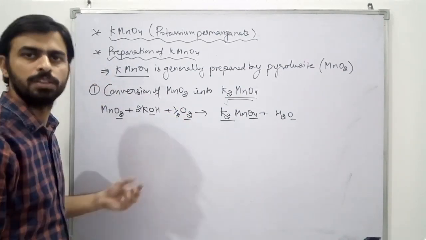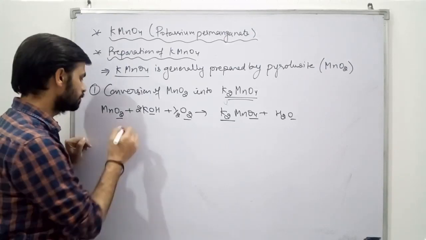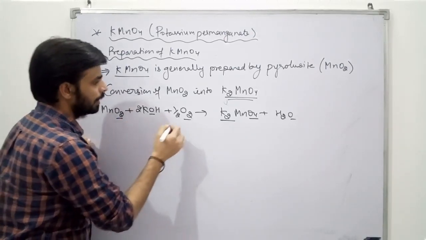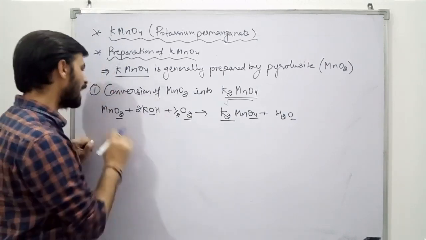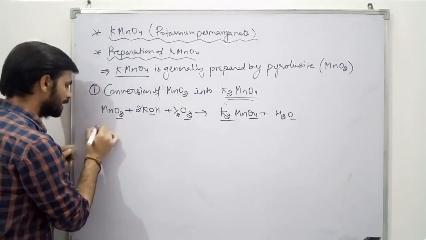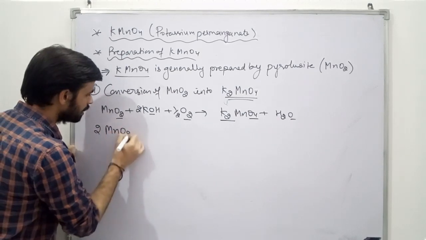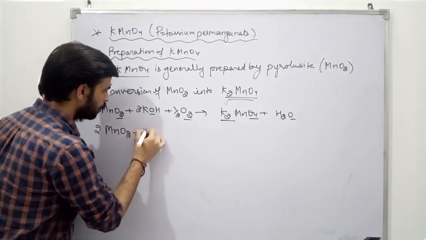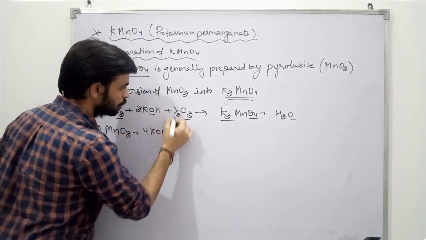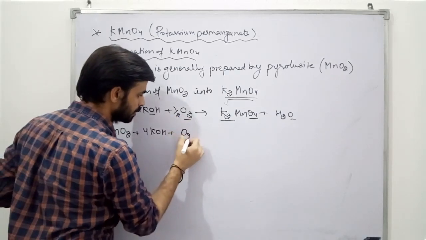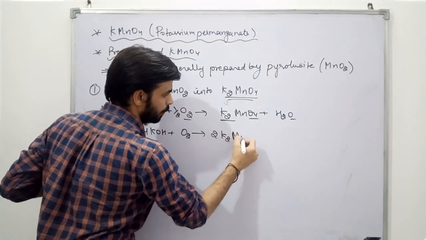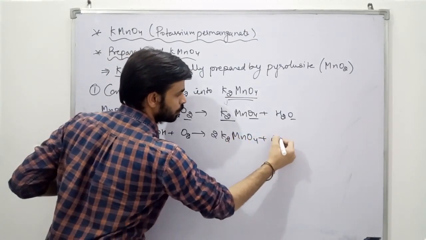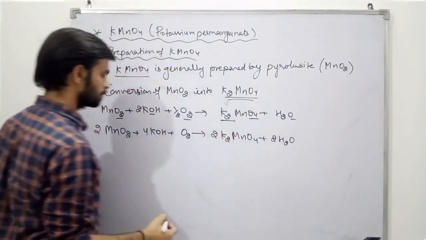In a balanced equation we cannot have a fraction, so we multiply the equation by 2. Then we have twice MnO2, 4 times KOH, 2 multiplied by half, that is a single O2, giving twice K2MnO4 plus twice H2O.